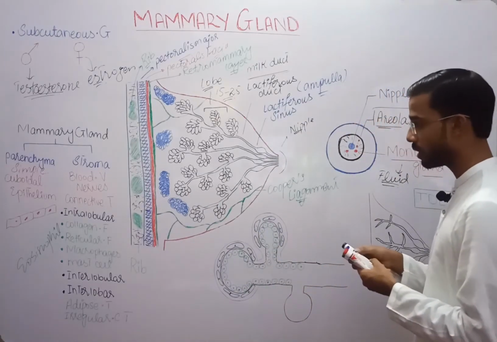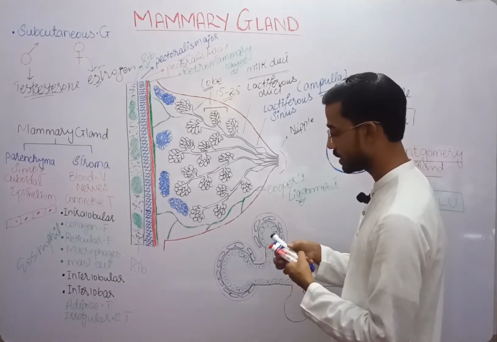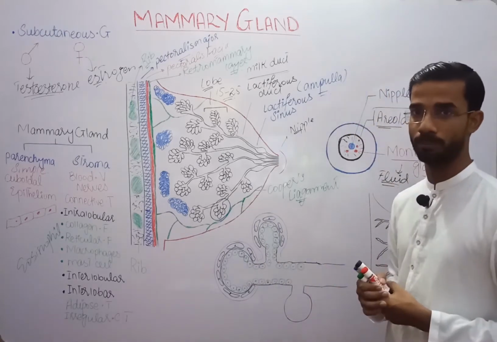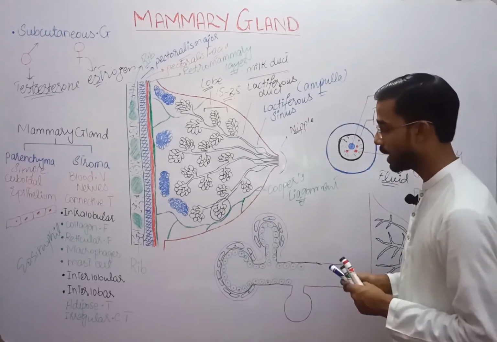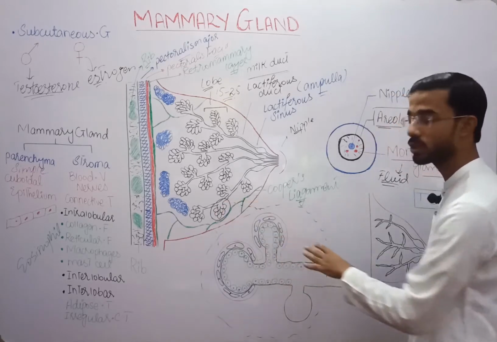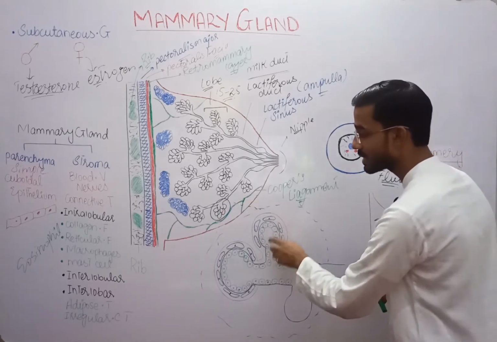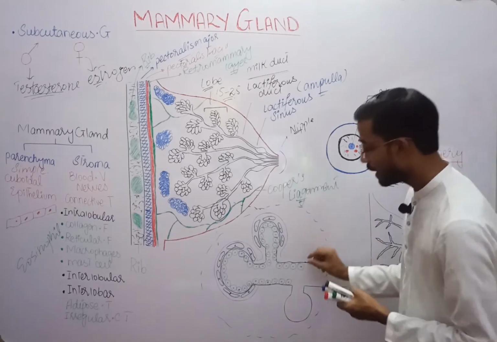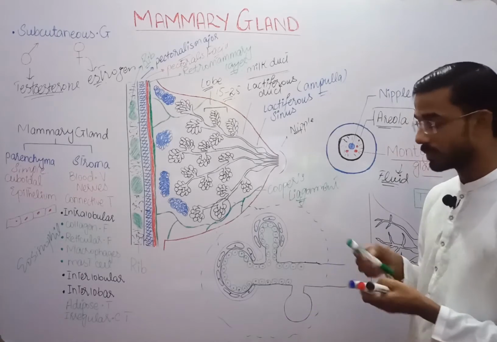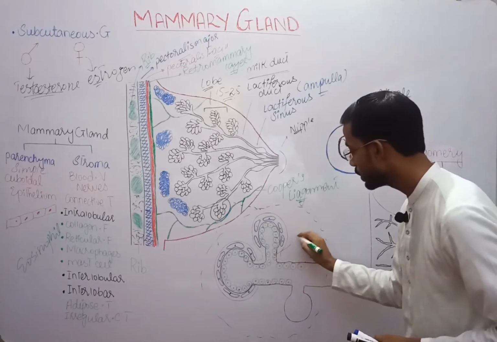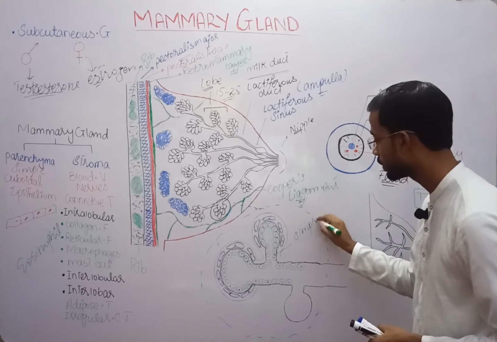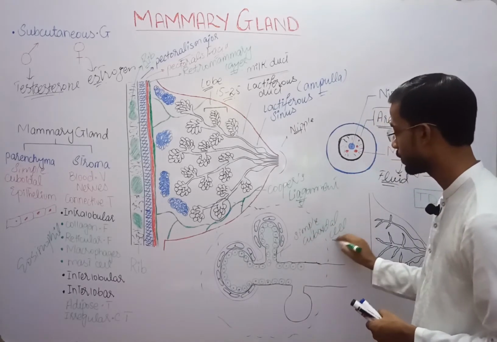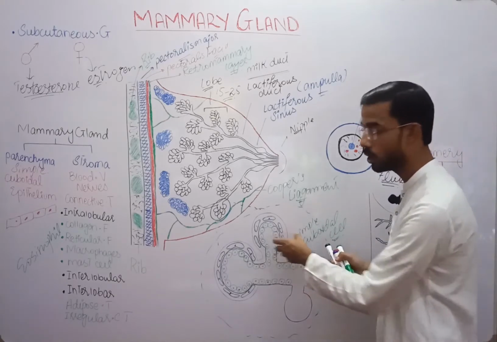Here, this is the structure of the lobe, and if we zoom in, then here is the structure of the lobe, and in it there are several lobules present, right? The lobules are formed by simple cuboidal cells, ducts, and the lobules.